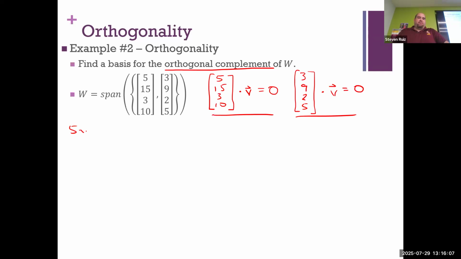Sounds good. So we get 5x1 plus 15x2 plus 3x3 plus 10x4 equals 0. Also 3x1 plus 9x2 plus 2x3 plus 5x4 equals 0.